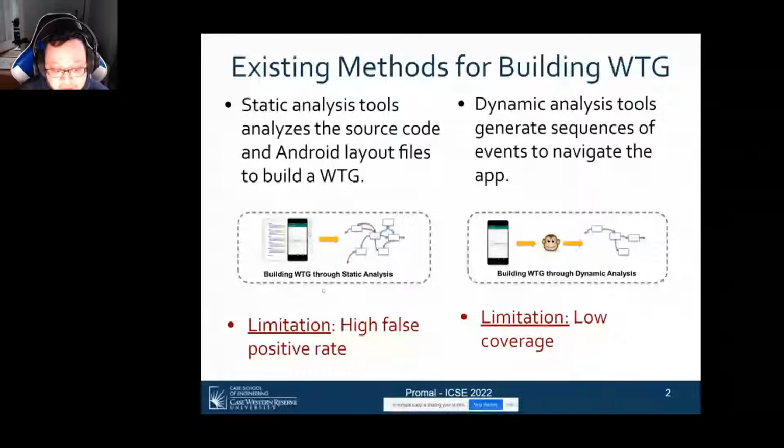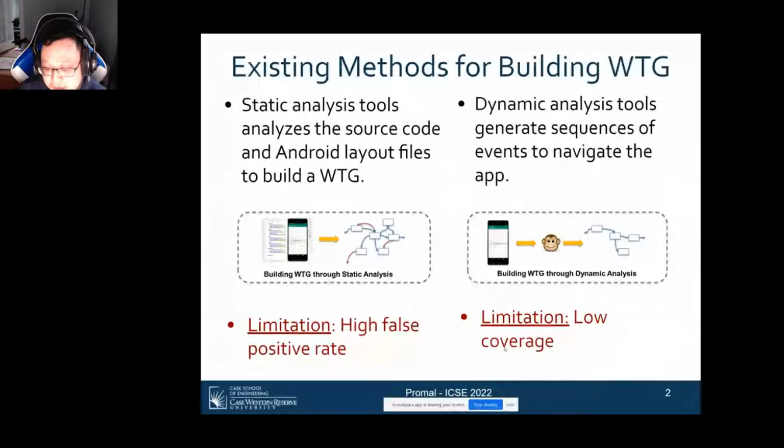These tools are comprehensive, but the limitation is they have a very high false positive rate because of the inaccuracy and over-approximation made by these tools. Another track of tools are the dynamic analysis tools. They actually run the app and generate a sequence of events to trigger the transitions among the windows. The graph generated by these tools is always accurate, but it has very low coverage.